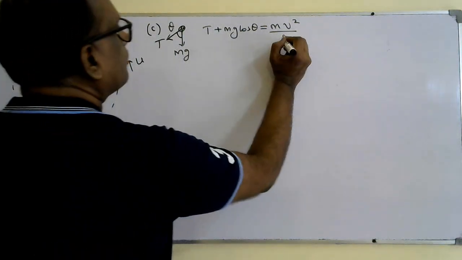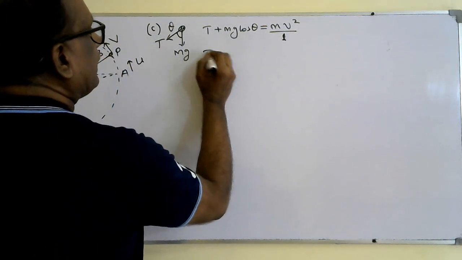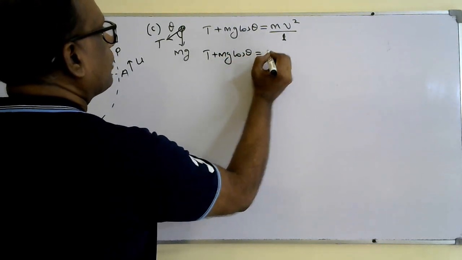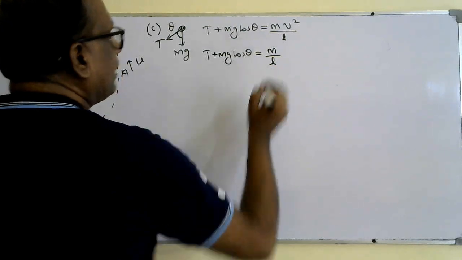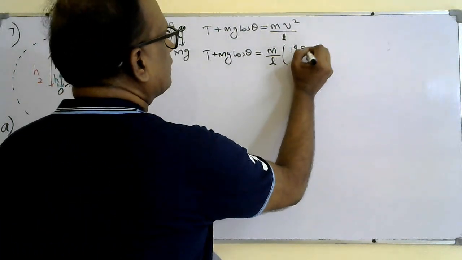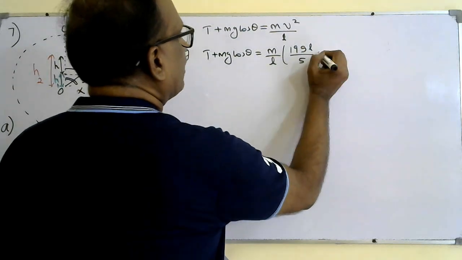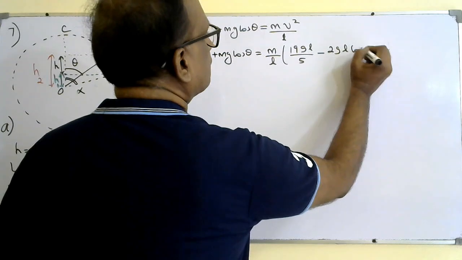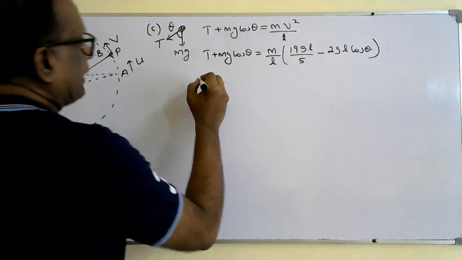So it will become T plus mg cos theta equals m over L, and for v squared we substitute 19gl over 5 minus 2gl cos theta. Make T the subject.